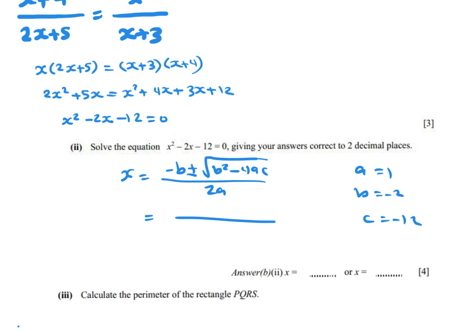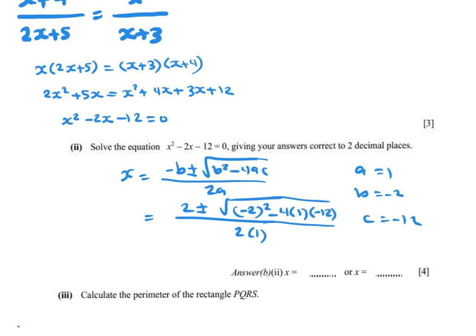So negative b, negative 2, which is 2, plus or minus the square root of negative 2 in bracket squared minus 4 into 1 into negative 12, over 2 times 1.